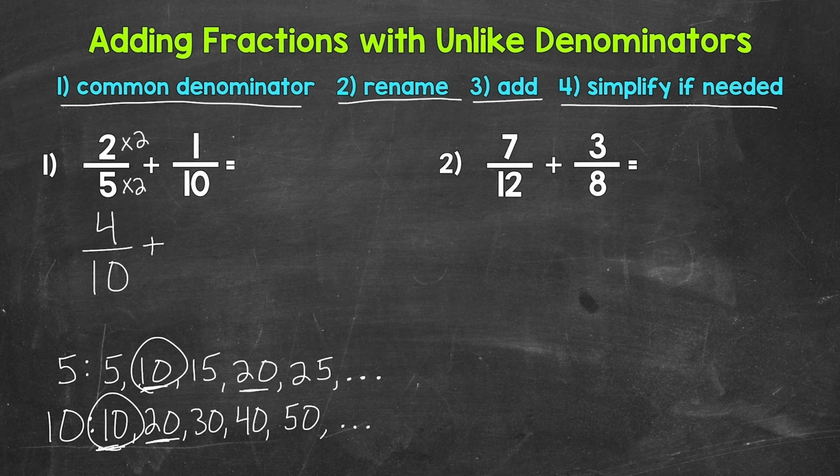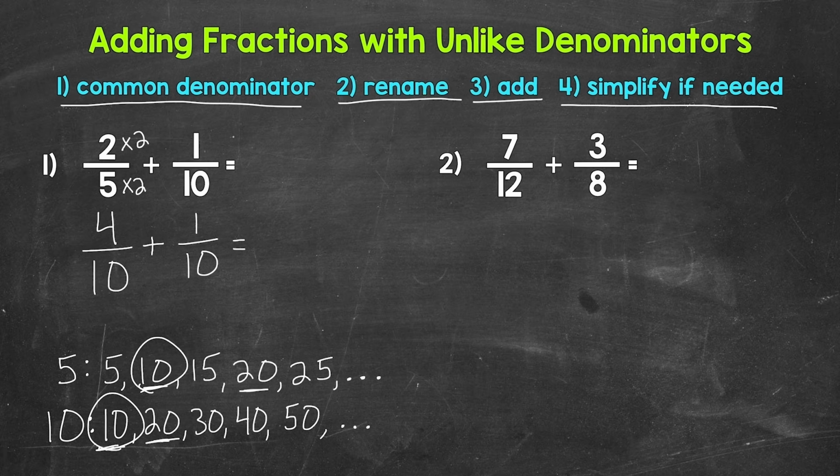Plus, and now we need to rename our other fraction, 1/10. Well, 1/10 already has that denominator of 10. So we actually don't need to rename here. 1/10 is fine as is. Again, because we already have that denominator of 10. And now that we have a common denominator, we are able to add.